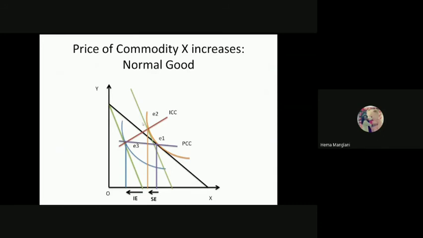If this is the case, when the consumer comes back from E3 to E2, it means the consumer would remain on the same utility. In other words, if your real income is declining and you are suffering a loss in real income, how would your income be compensated by the government so that you can reach the same level of satisfaction?